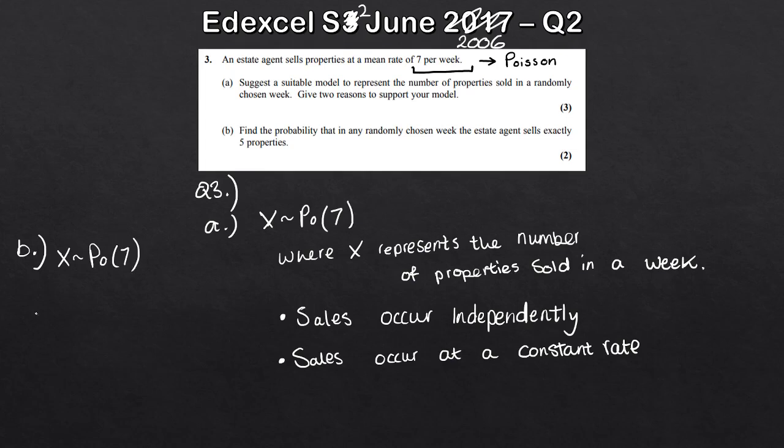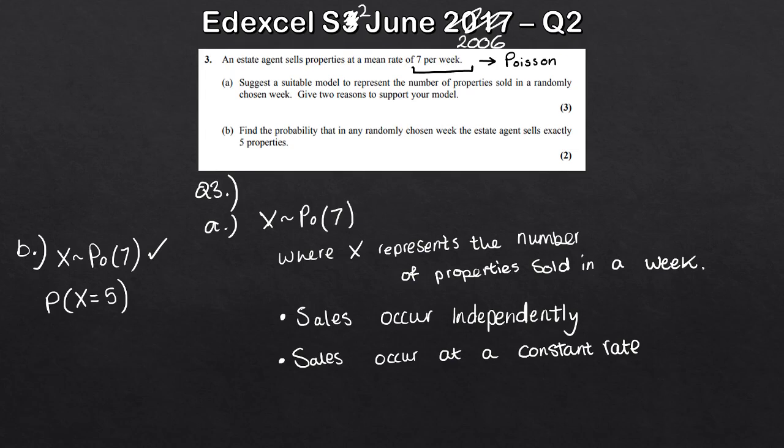We're asked to find the probability that x equals 5. Okay, so it's important that we check that we've got the right time frame. Because it's asking for a chosen week, this is fine. If it said a 2-week period, then you would need to scale our mean by 2. We times it by 2 to match that. But because it's just per week, this is fine for now.